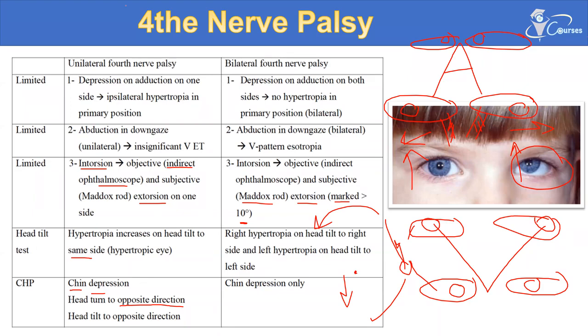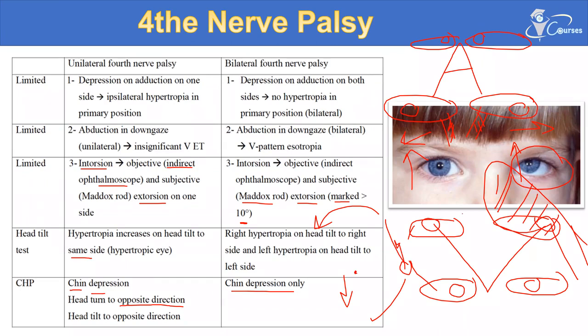So this will be because of the unilateral fourth nerve palsy. But if the patient has bilateral fourth nerve palsy, they will only do chin depression. Only chin depression, not the full picture. So just assume that those patients who have fourth nerve palsy took a slab on their face. Assume that this patient has a slab over his right face or left face. What will this cause?